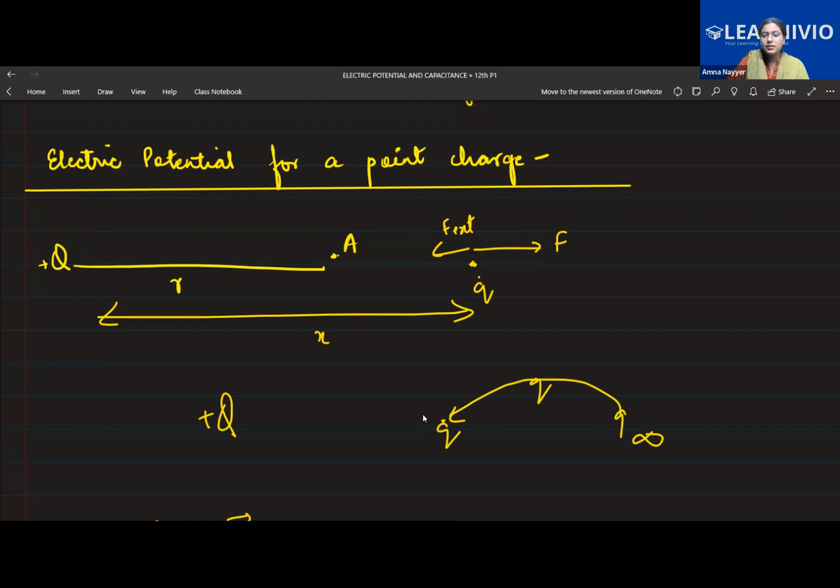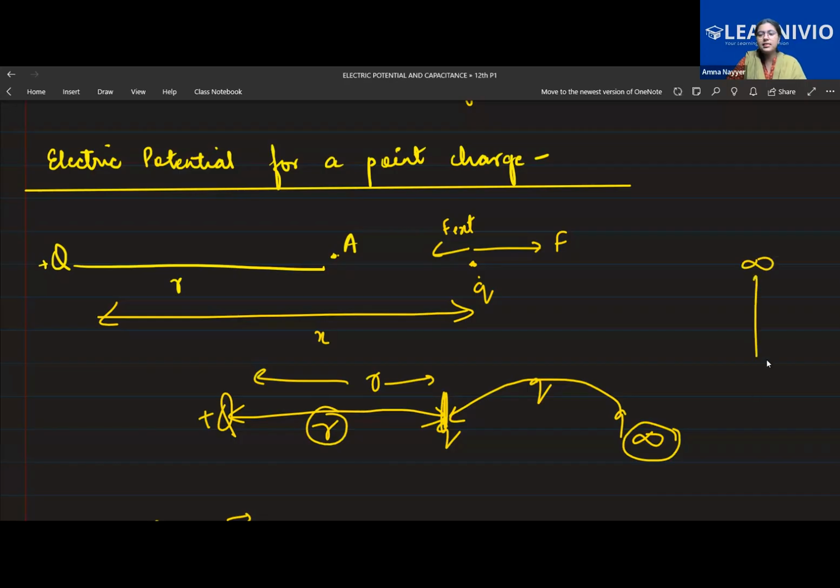Now this is our particular point, and let's say this is the separation. You are trying to bring the charge from infinity to r. This distance is r. So you are trying to bring a charge from infinity to this distance r, and whatever is the work done in this process, that is your potential.